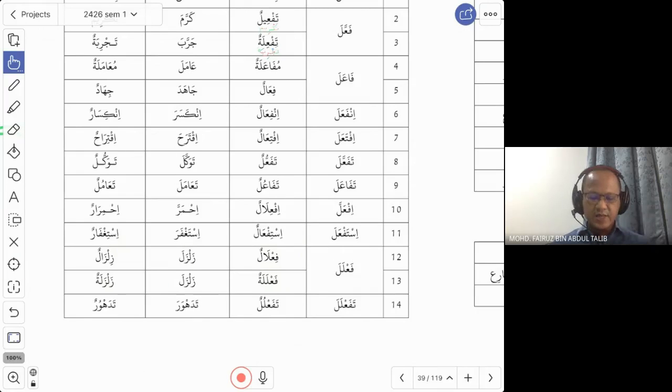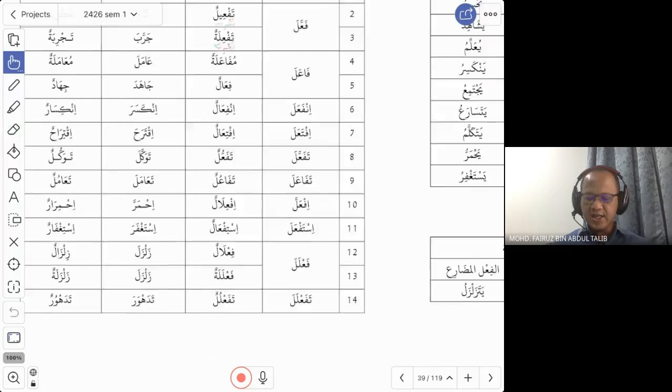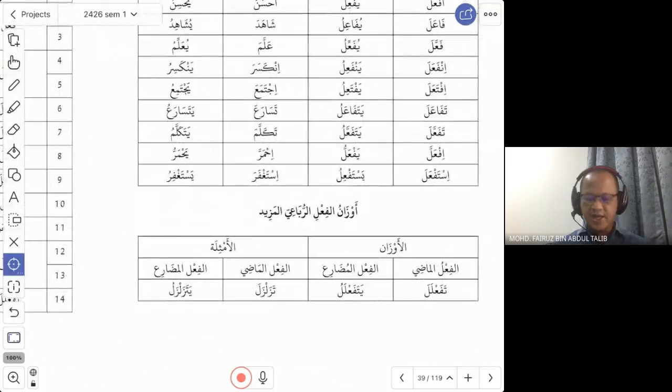Now the rest is for the ruba'i fi'il, the 4-letter fi'il, ruba'i mujarrad, and this is for the ruba'i mazid. So for ruba'i, both mujarrad and mazid, they provide you with the wazan as well, so you don't need to refer to the dictionary. Fa'lala, mudari is yufa'lilu. Sorry, this is from another table, the ruba'i mujarrad.